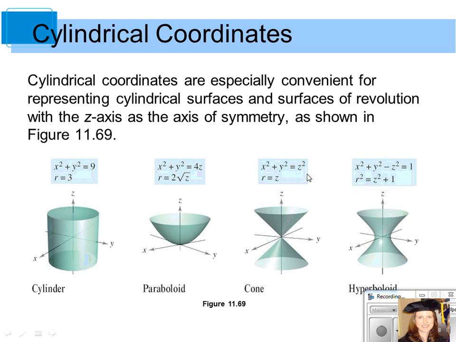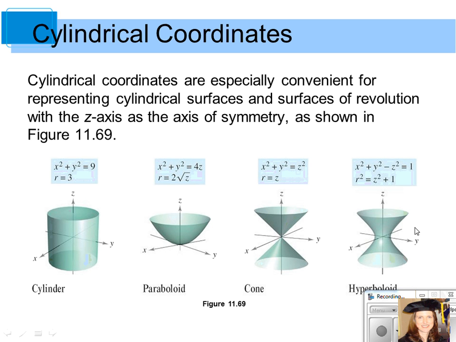A cone is represented simply with r equals z in cylindrical coordinates, where a cone in rectangular coordinates is represented with x squared plus y squared equals z squared. By using the conversion equation for x squared plus y squared, you get r squared. So if r squared equals z squared, then r must equal z. It's a relatively simple formula in cylindrical coordinates for a cone.